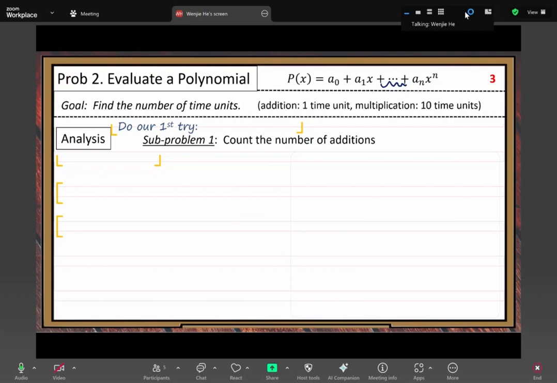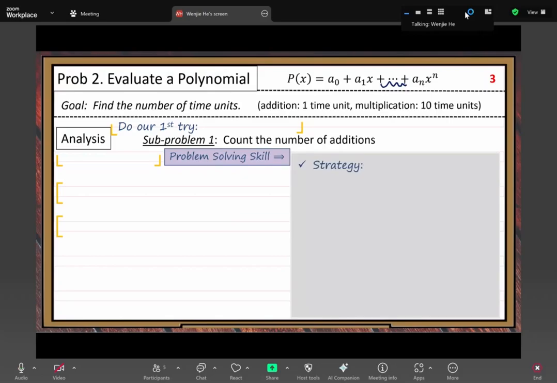How to keep track of all the plus signs? If you do not have some smart way, you get lost. How to keep track of the data? Here, let me introduce one method. So here, counting the number of additions.